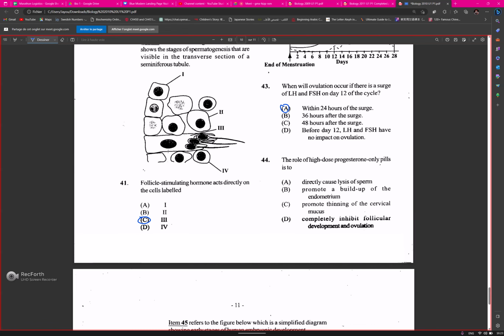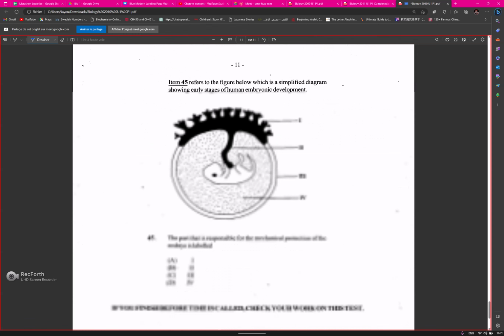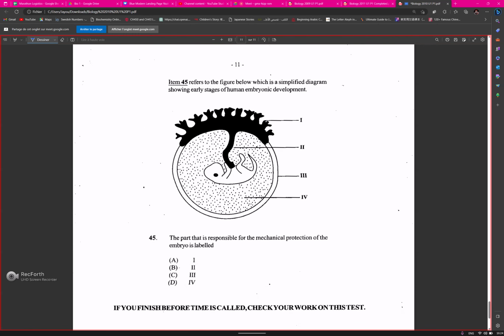The part that is responsible for the mechanical protection of the embryo is A. Did somebody just say A? Anybody said A? You have lost mic privileges. What's the answer?